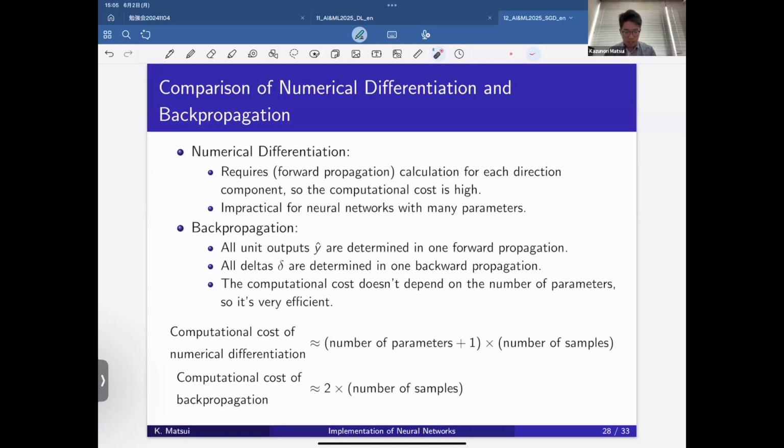On the other hand, the backpropagation method simply calculates forward propagation and then calculates backward propagation. So the computational cost of the backpropagation method is only this much. So for neural networks with quite a large number of parameters, the backpropagation method is more efficient.